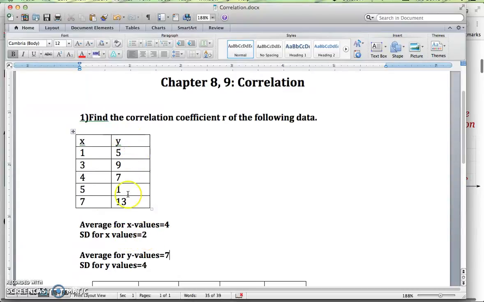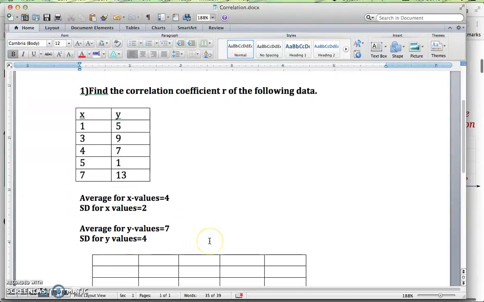The average for the y values, add them up, divided by 5, is 7. And the spread, or the standard deviation of y, has a value of 4. So we need those 4 values to calculate the correlation coefficient. If we don't have them, we need to calculate them. But sometimes the problem will give us these values.